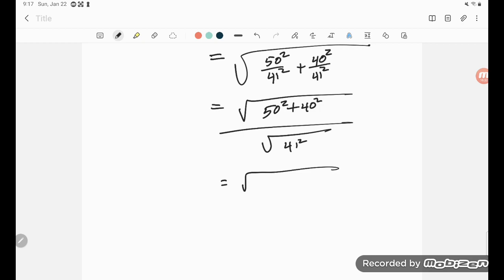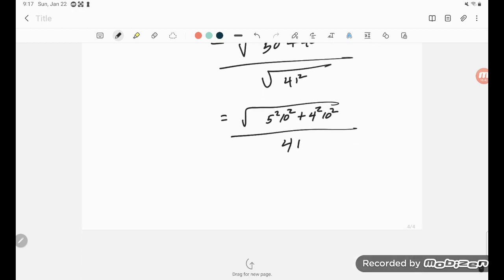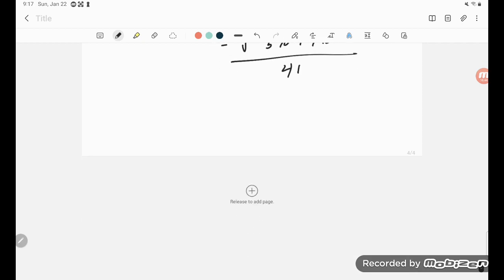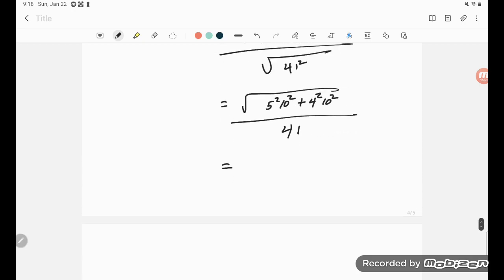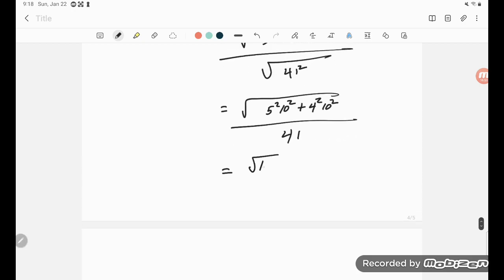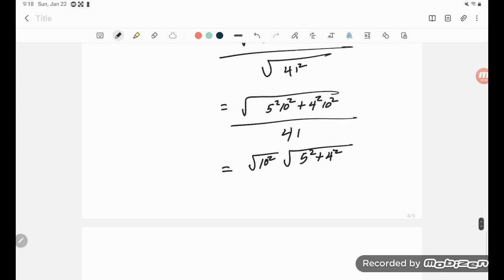It's a good thing. So you see I've got 5 squared times 10 squared plus 4 squared times 10 squared, all over 41. And so I can factor out the 10 squared. So I've got the square root of 10 squared times the square root of 5 squared plus 4 squared. Awesome.